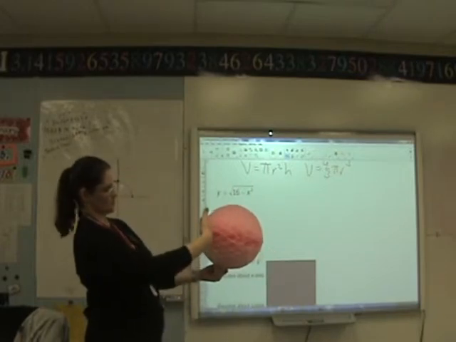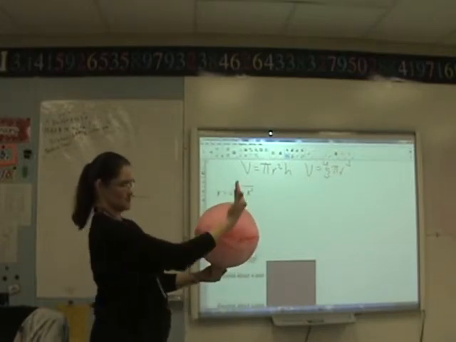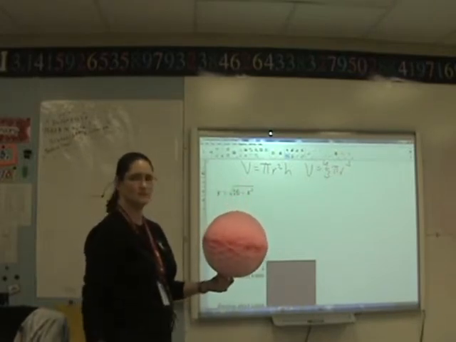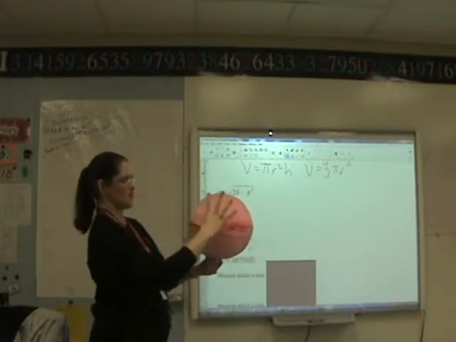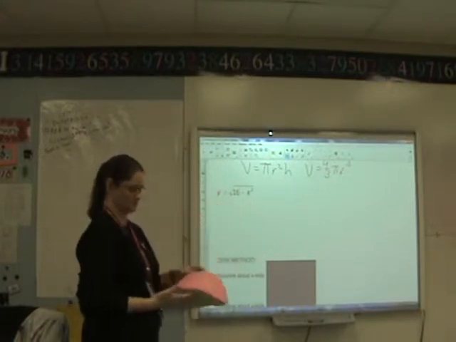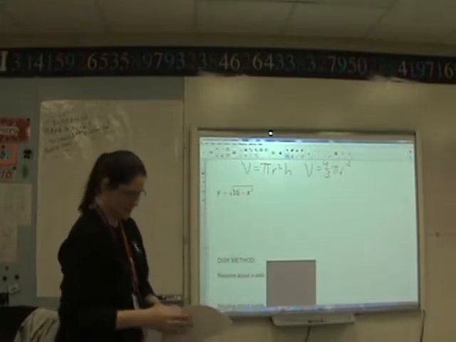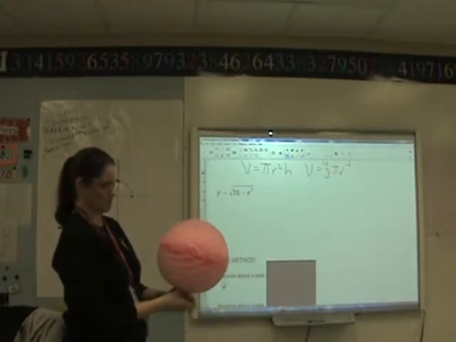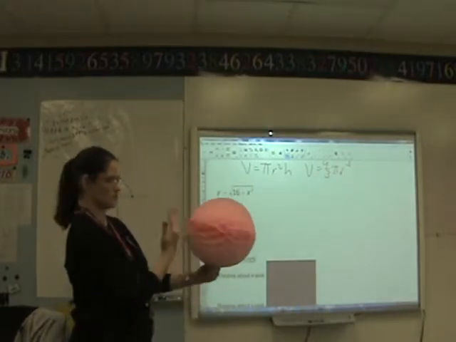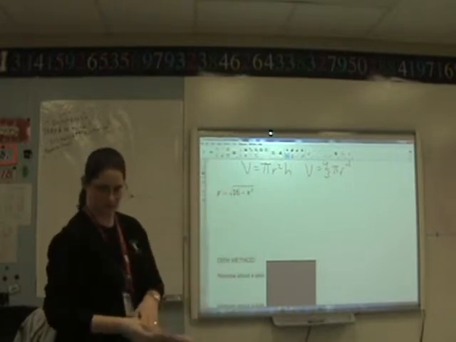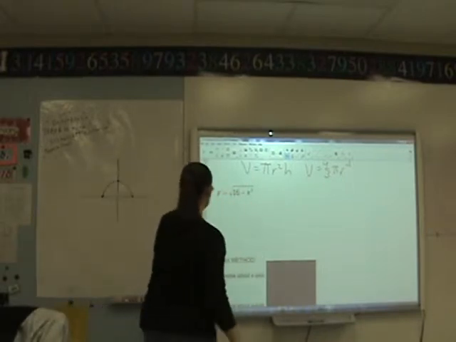The circle I cut way over here in the end, is that going to be the same size as the one that I cut in the middle? No. So it's an ever-changing radius. But that's the idea, though. I want to add up all these circles from here to here. And that's the basis for our formula here.